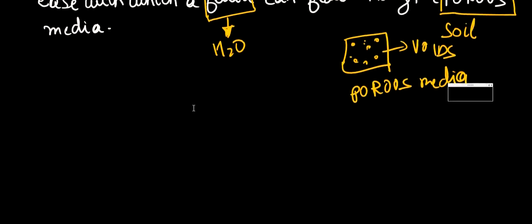Now let's talk about pipe flow a little bit. In fluid mechanics or hydraulics, we have all studied flow through pipes. Suppose this is your pipe boundary. I am only considering a section of pipe.